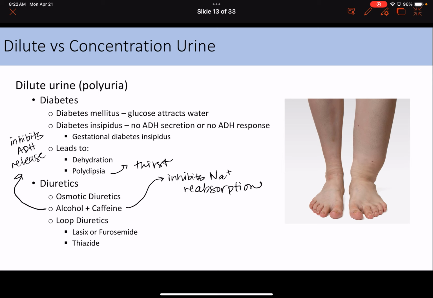So diuretics sometimes can be used for edema. So it can help you get rid of excess water in that way. And people who have CKD or renal failure are holding on to a lot of waste. So they have lots of waste in their blood and extracellular fluids, which attracts water, which leads to edema. So diuretics can be used to relieve some of that edema from the kidney disease. Thank you for that reminder.